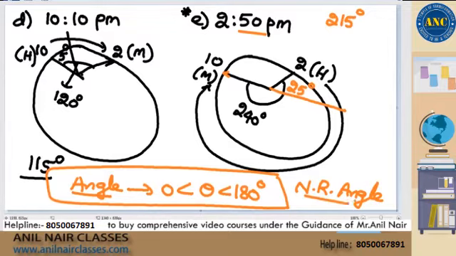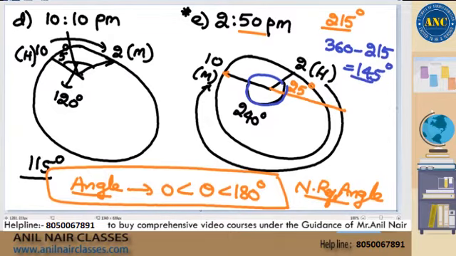If it is a reflex angle, it will be mentioned in the question. So this is 215 degrees, but the question is to find the angle, so I don't require this angle. I require this angle. The total angle in a circle is 360. 360 minus 215. The answer is 145 degrees.